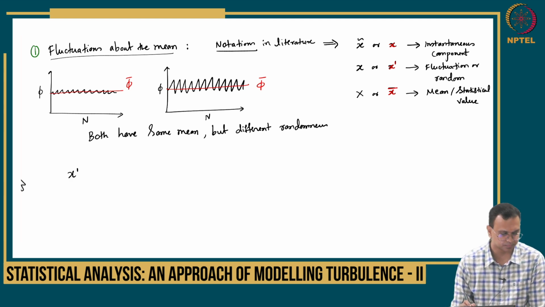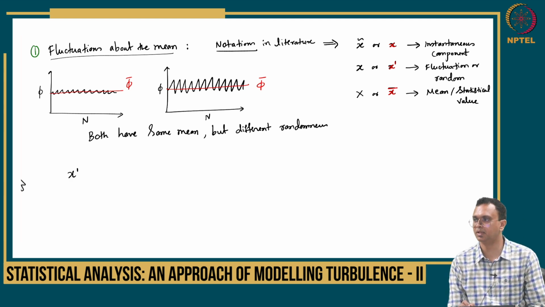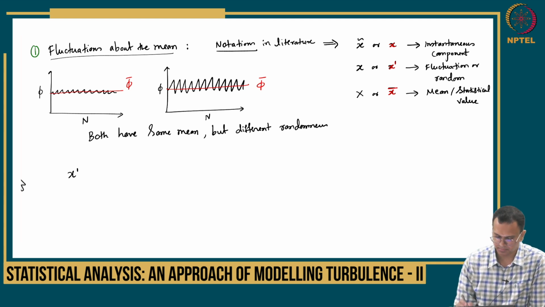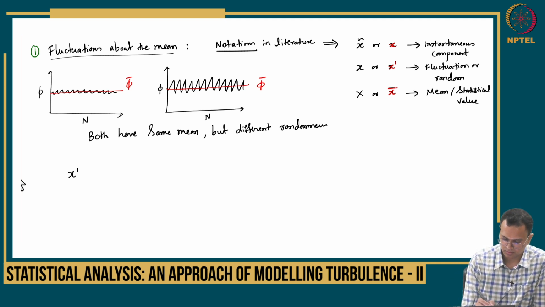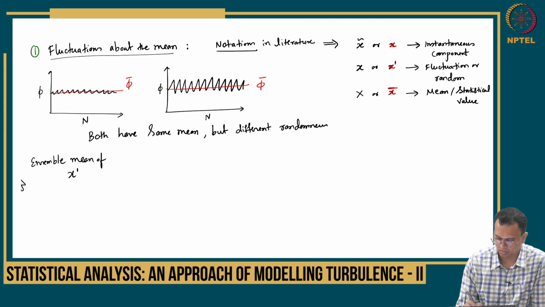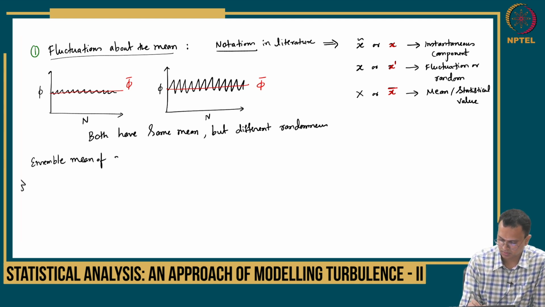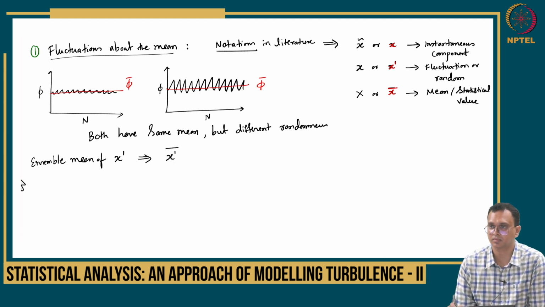Now the fluctuations about the mean, we call it, let's say, x prime, right? So if I ensemble average x prime, what happens? Ensemble mean of x prime. What do I get? x prime bar is 0. Yes.